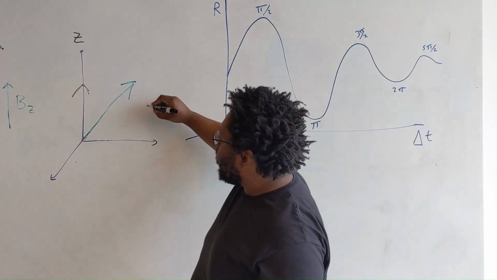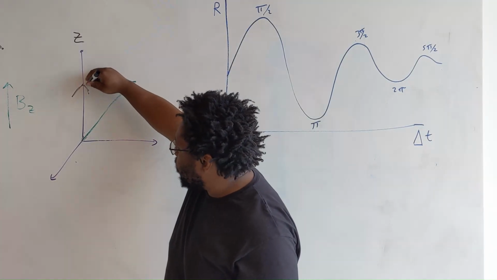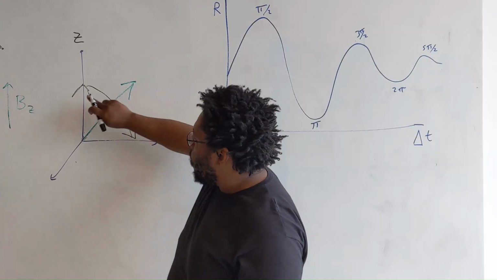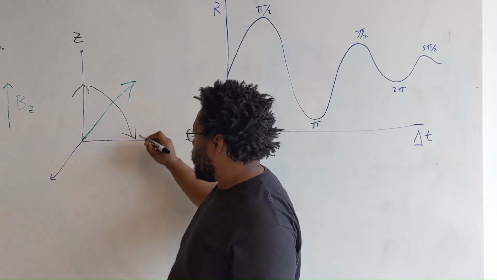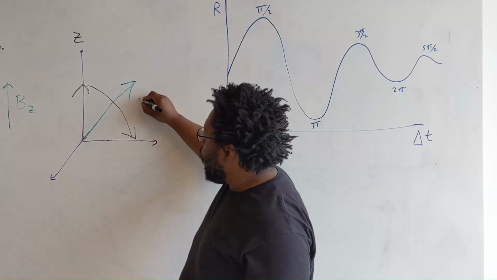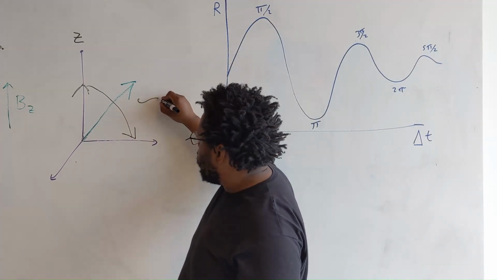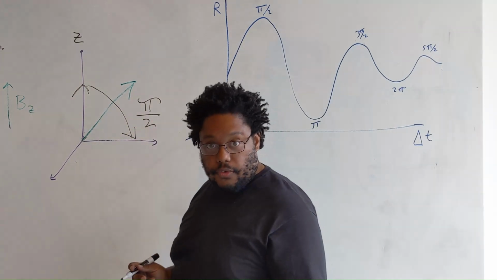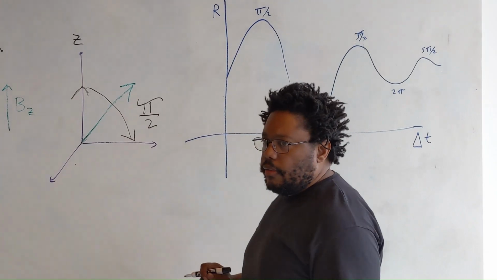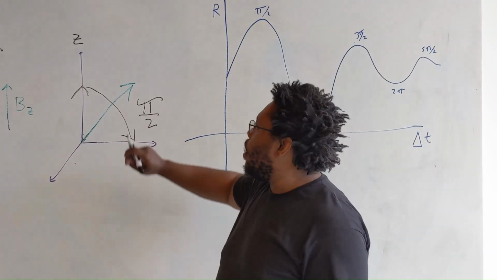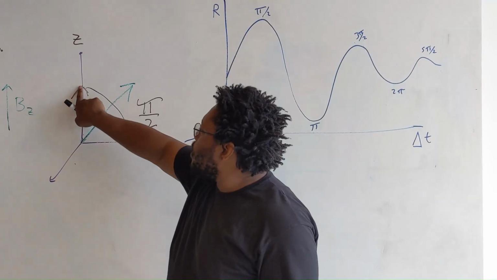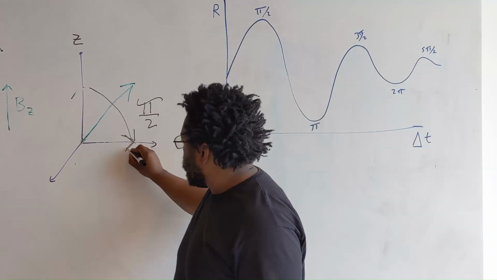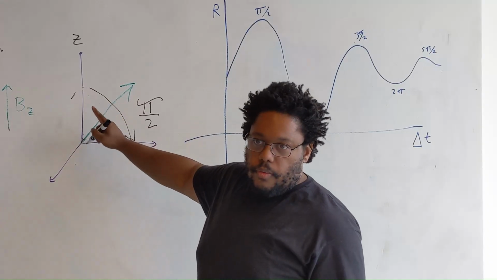So, if we apply that pulse for a certain amount of time to rotate halfway between its starting location and the end, we can call that a pi over 2 pulse. So now that we've applied our pi over 2 pulse, our qubit is pointing in this direction, which is 90 degrees from where we started.